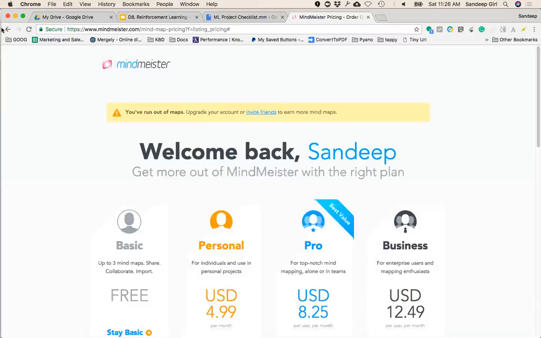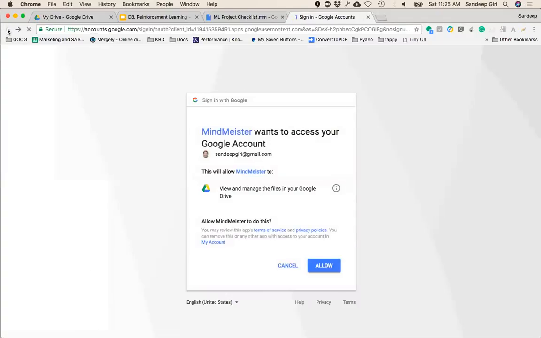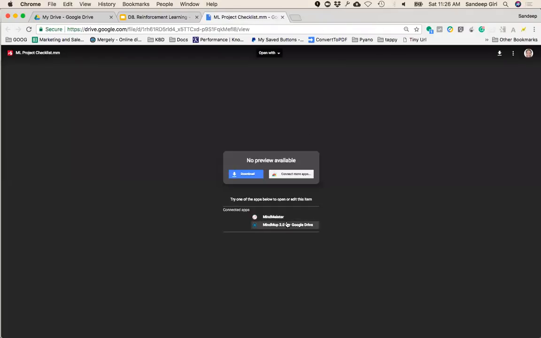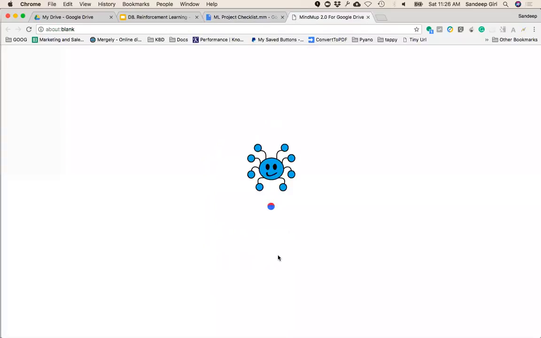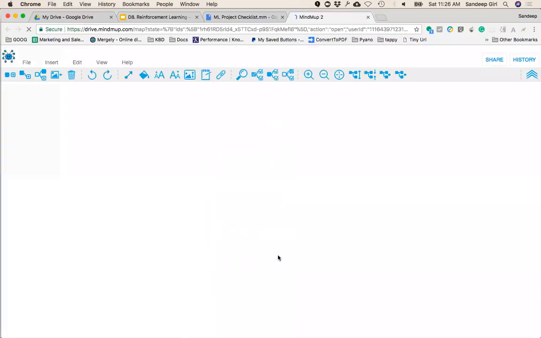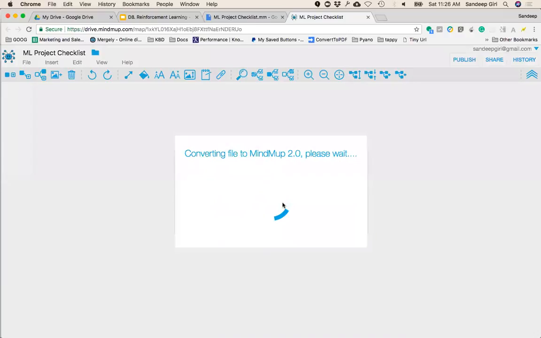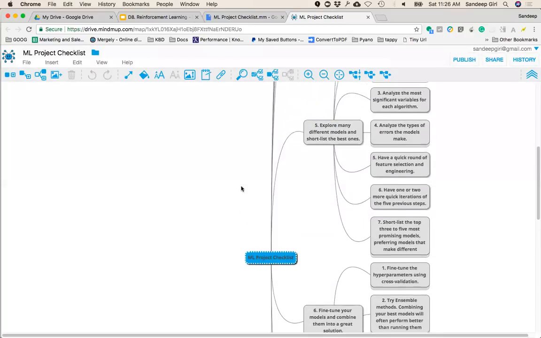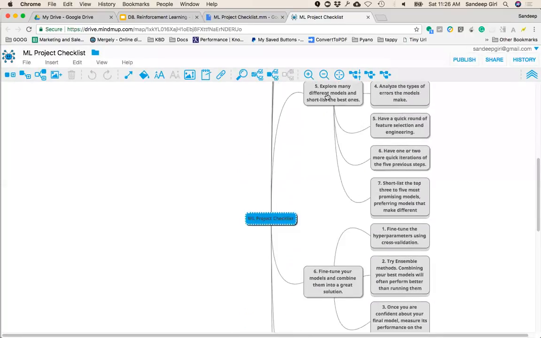Oh, it's not letting me open. Otherwise, I'll have to download it and use FreeMind on it. Those who have not used FreeMind can try it. FreeMind is open source and simple. All right, this is how it looks.